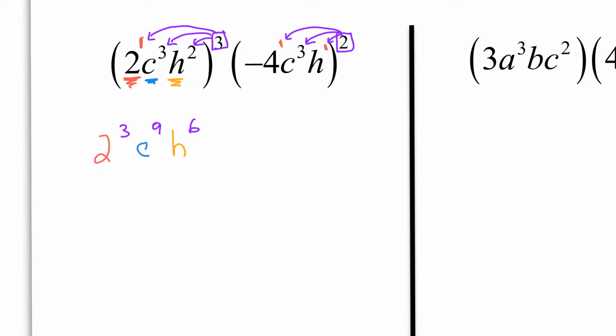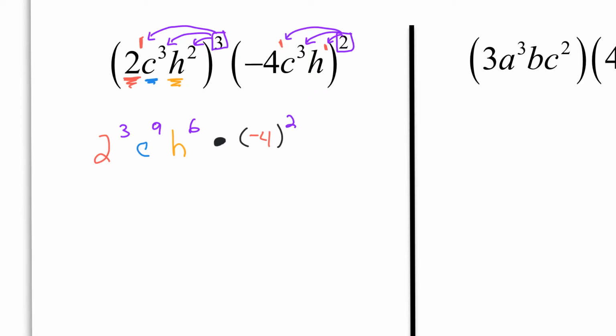Now, in between the parentheses right here, I don't have a plus or a minus, so that means by default we're multiplying. So I'm going to put a big multiplication sign right here, and I'm going to do the next parenthesis. So keep in mind, there's a negative inside the parentheses, so we have to keep that negative inside. So I'm going to put the -4 inside of the parentheses, and when I multiply the exponents, 2 times 1, that is going to be 2.